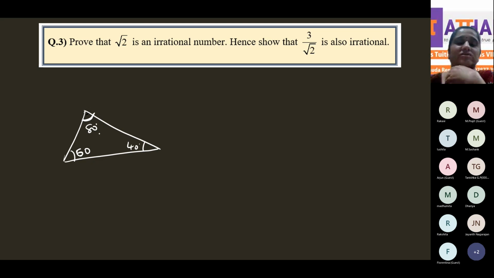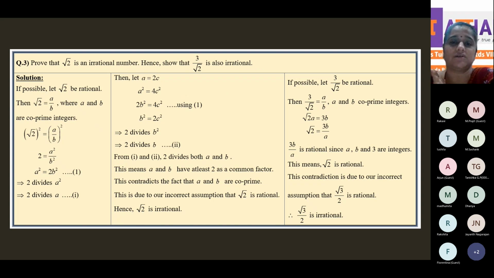Why? Because we know that the sum of the three angles of a triangle is 180 degrees. So we're using that result here. You don't have to prove that the sum of the three angles of a triangle is 180 degrees. Similarly, we know that root 2 is irrational. We're using that result here. So you can directly do it.